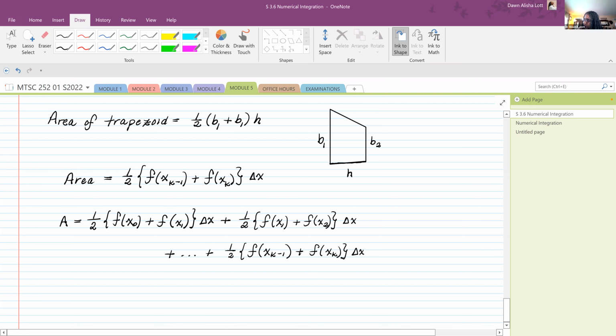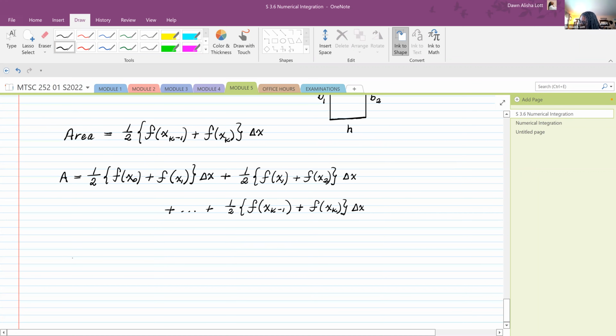Okay, so then the area, what can we pull out? Well, we can pull out the delta x and we can pull out the 1/2. So from this first one, I'm going to get f of x0 plus f of x1. From the next one, I'm going to get f of x1 plus f of x2.